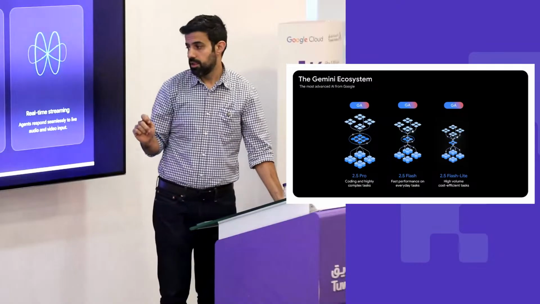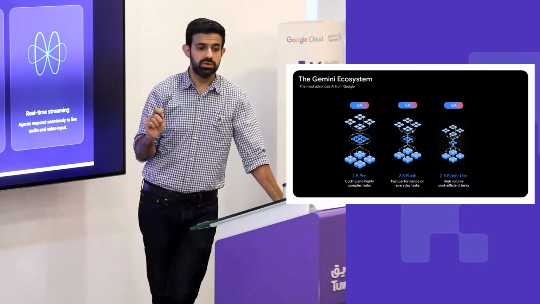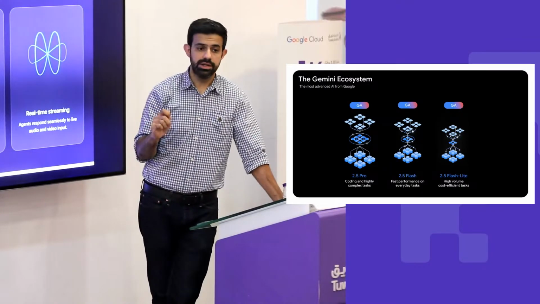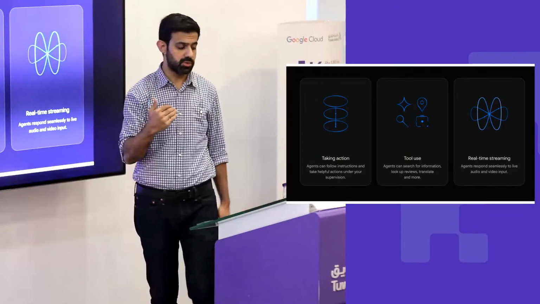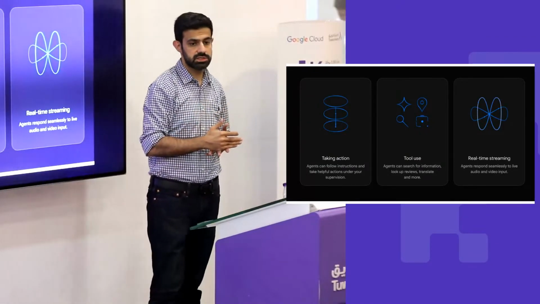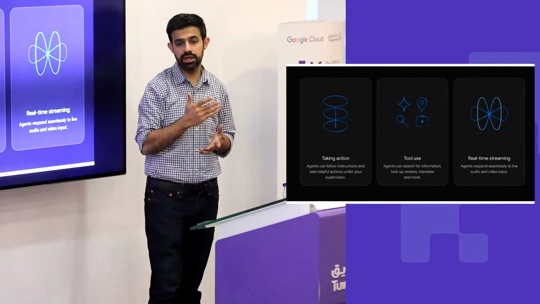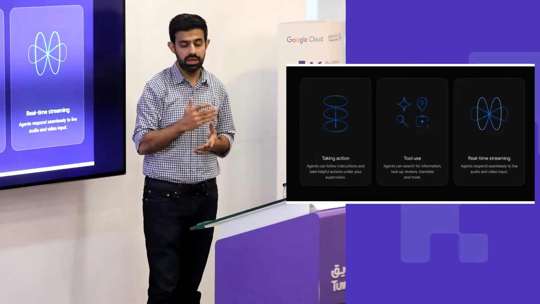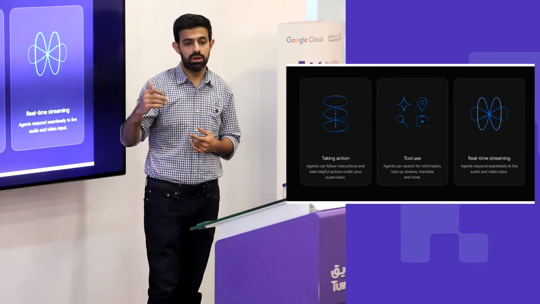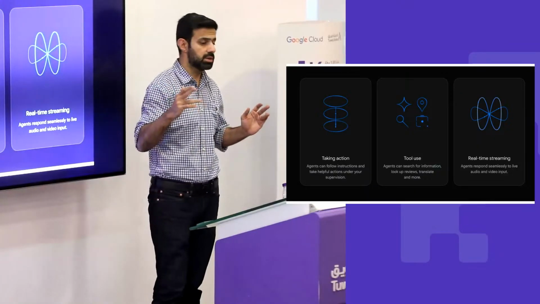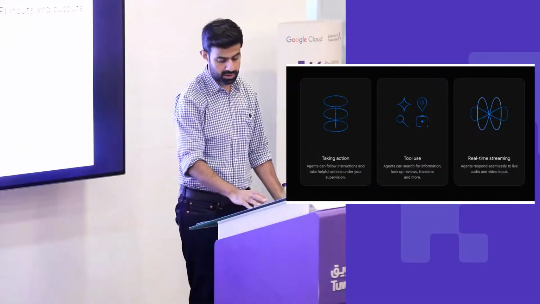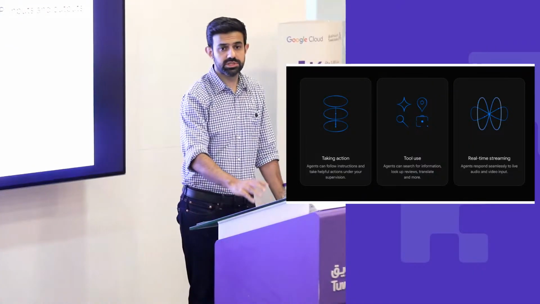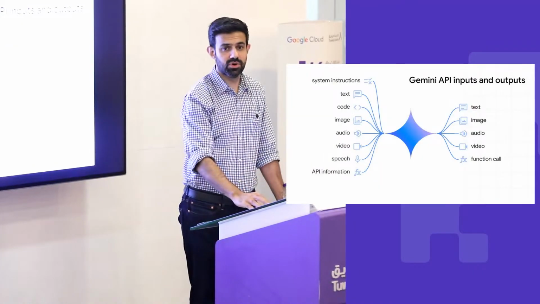Gemini is not only a text-based thing, where you ask it a question and it gives you a response. It can take actions, it can use tools, it can do real-time streaming, it can even control what we call Gemini computer use. It can control your computer as well. The inputs and outputs in Gemini are multimodal.